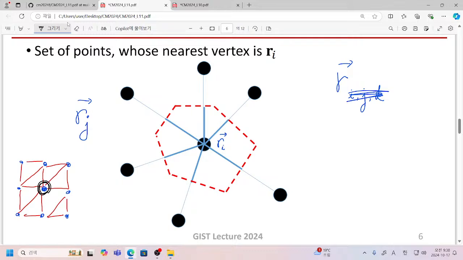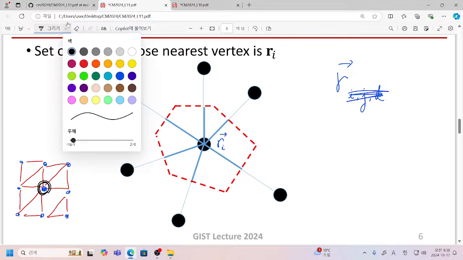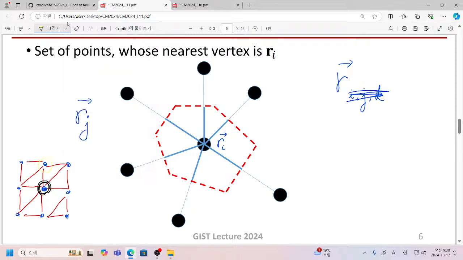Then please run over your r sub j. What are the first nearest neighbors of this r sub i? In this case, you have to run over this point and this point and this point, this point and this point and this point.